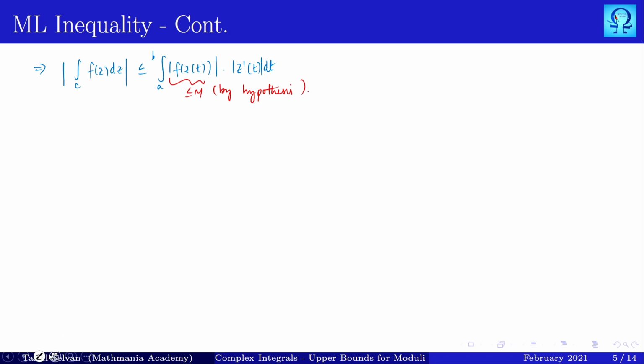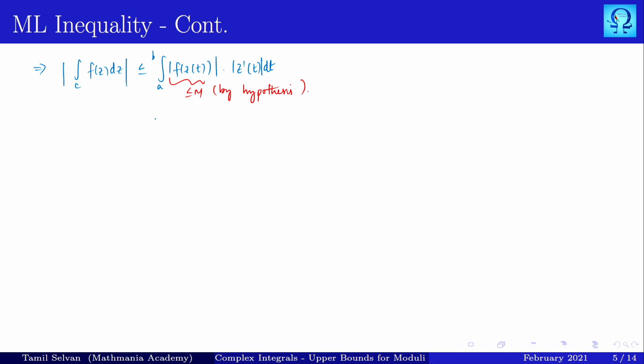So till now what we have got is absolute of integral over C f of z dz is smaller than or equals integral a to b absolute of f of z of t multiplied with z prime of t dt. So this quantity is smaller than or equals M. This is by the hypothesis given in the statement itself.